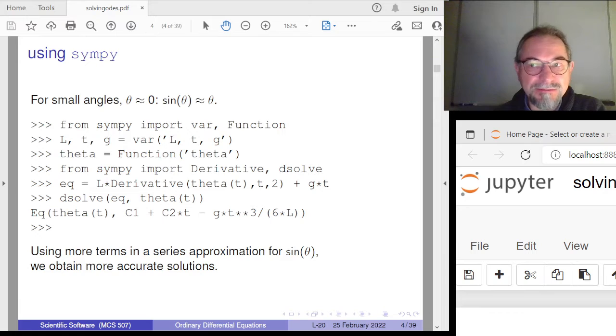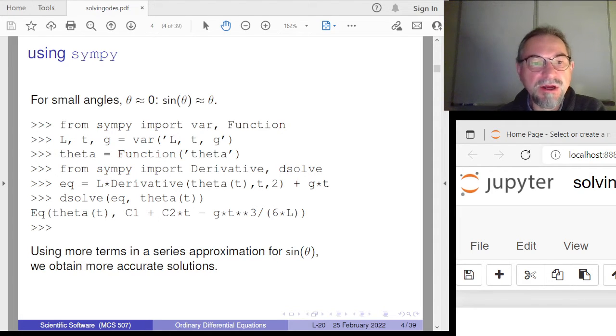As always with SciPy, we define the symbols, and we have to define theta as a function, otherwise we could not write the derivative. You see here we take the second derivative of theta with respect to time t. If you had not defined theta as a function, then this derivative would have yielded 0.